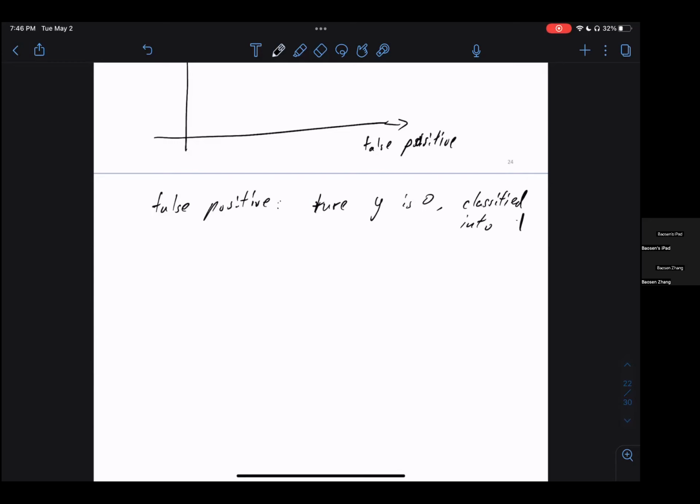So I give you the following classifier. X goes into some box, and this box outputs zero. This is my box. There's a trivial box that whatever you put in, outputs zero. I don't care what you put into it. This is a classifier.